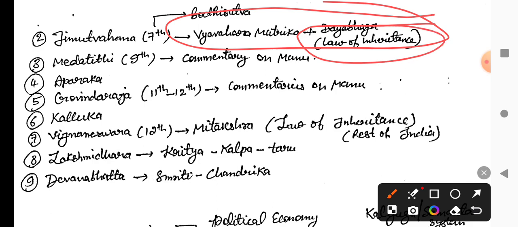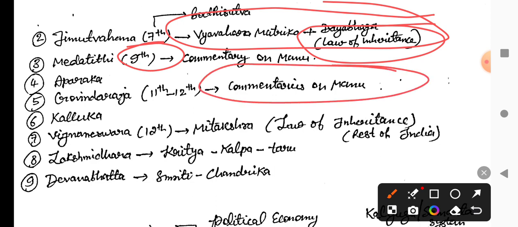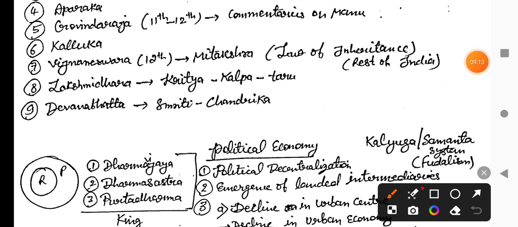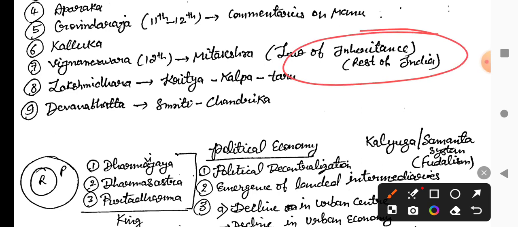These Dharma Shastras were written by Jimut Vahan in the 7th century AD, and a commentary on Manu by Meda Tithi in the 9th century, and Aprak was also a Dharma Shastra, and commentaries on Manu were written by Govindaraj in the 11th to 12th century AD, and Kalluka was also another Dharma Shastra, and Mitakshara, a law of inheritance, was prevalent in the rest of India, and Mitakshara was written by Vijnaneshwar.